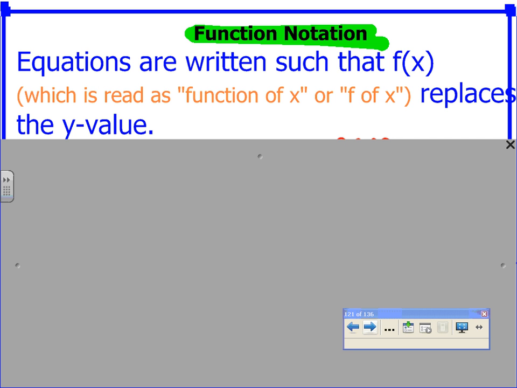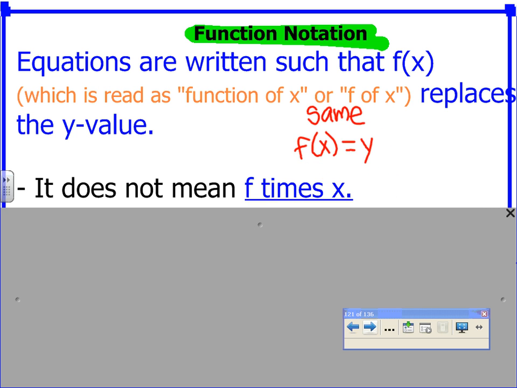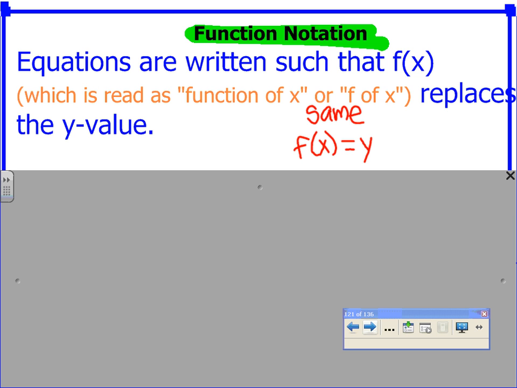So f of x, which is the f with the parentheses and the x in it, is another way to write y equals something. In other words, f of x, I want you to write this down, is the exact same thing as y. It's function notation. It's just another way to write y equals something.